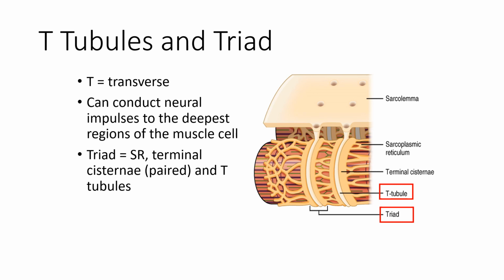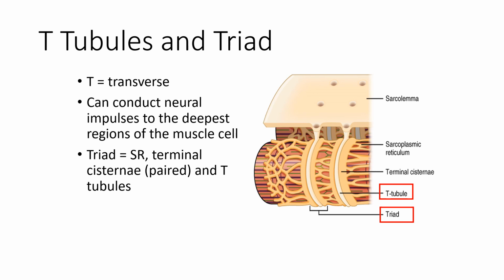Each T-tubule is associated with that paired terminal cisterna. We refer to this as a triad, where the sarcoplasmic reticulum, the two terminal cisterna, and the T-tubules come into contact. So it's a grouping of the three membranous structures. The T-tubules and the terminal cisterna provide tightly linked signals to allow for muscle contraction.